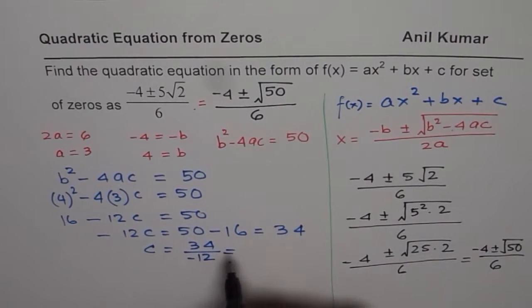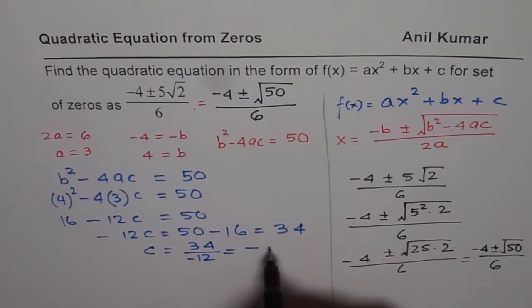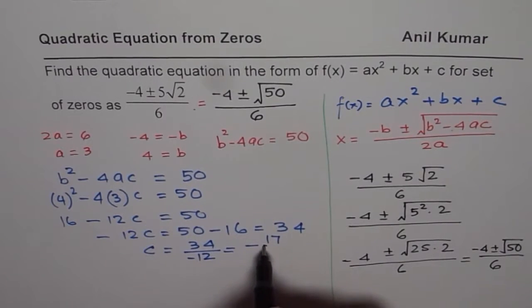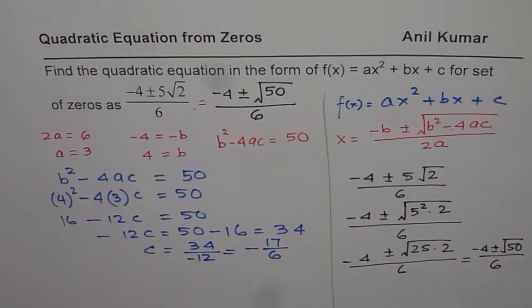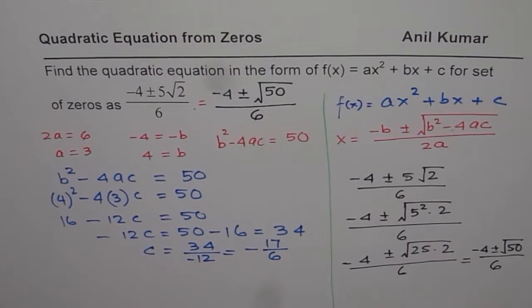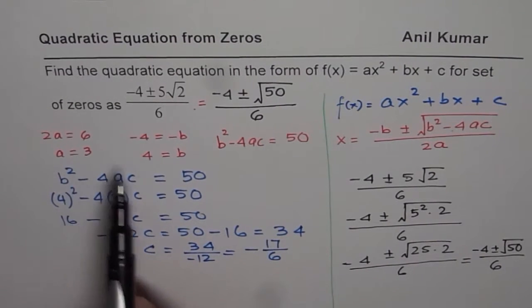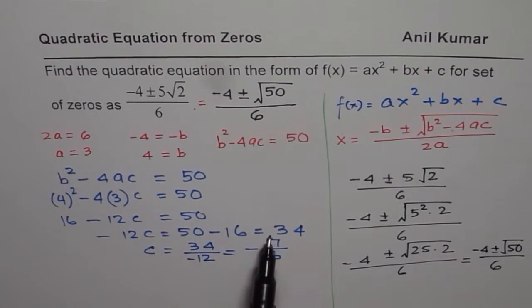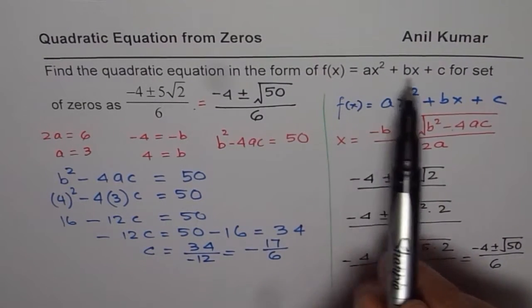Both can be divided by 2, simplifying this to −17/6. So that becomes the value of c. Once you get the value of c, you know a as 3, b as 4, c as −17/6. So you can write down your function.